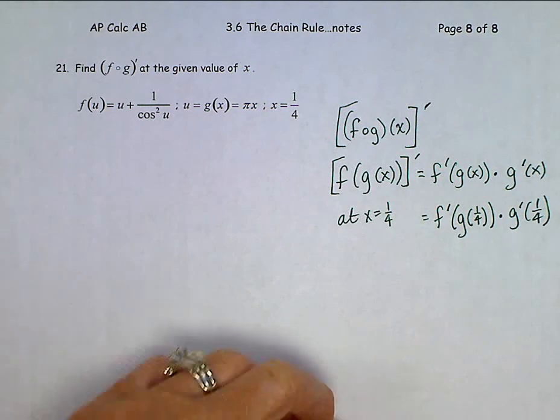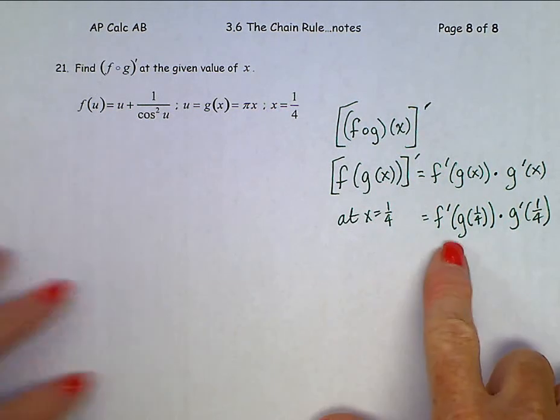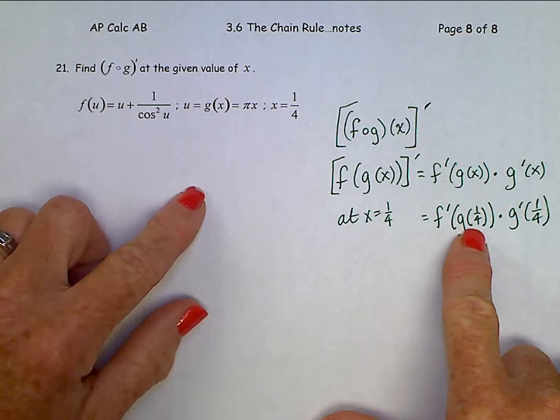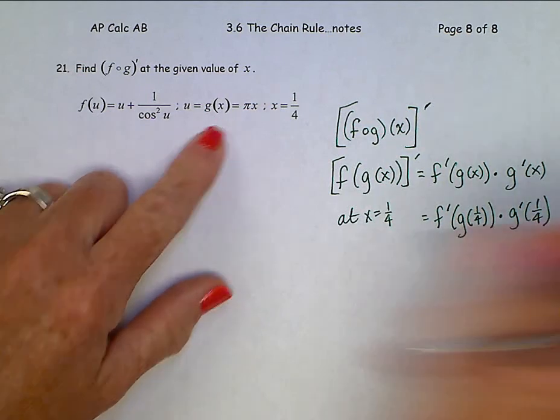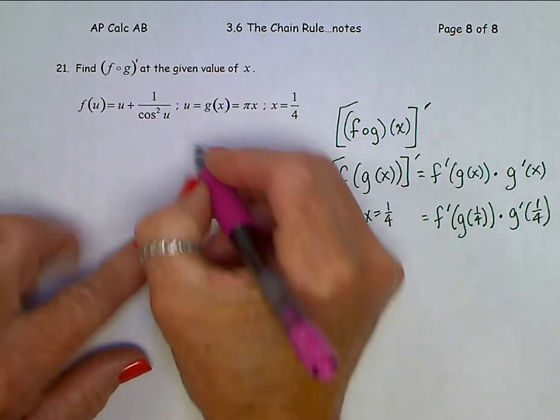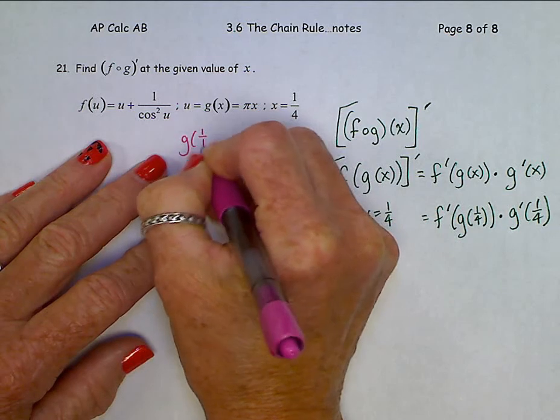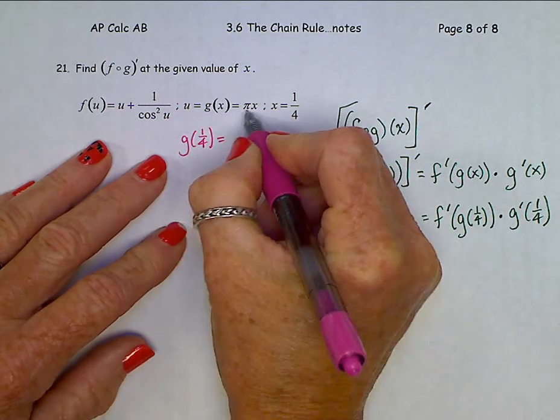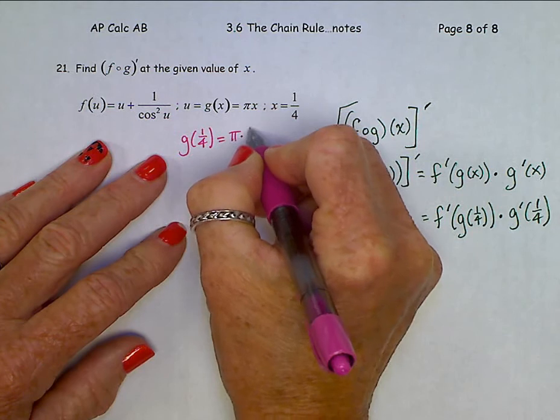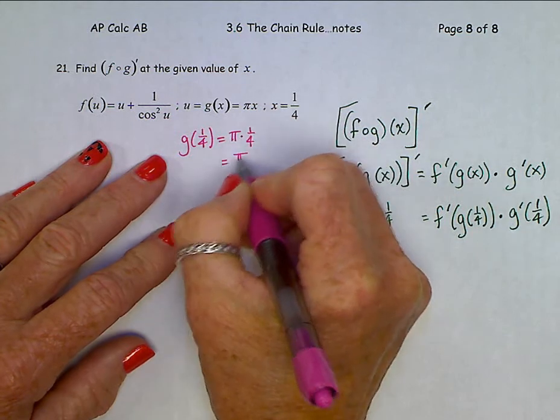All right, let's just start figuring out some things. Right here, we need g of 1/4. So let's look right here. G of 1/4 is pi times x. So pi times 1/4, which is pi over 4.